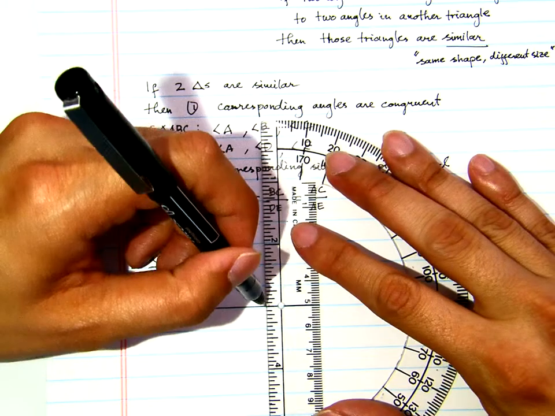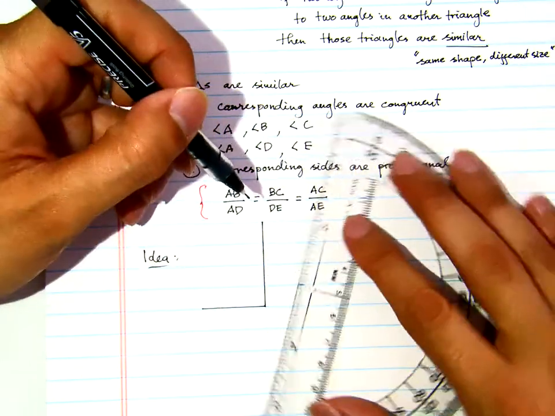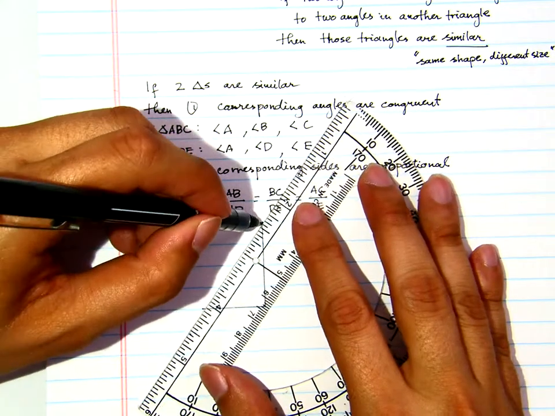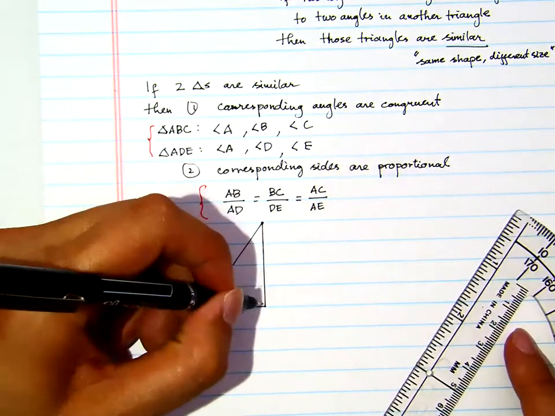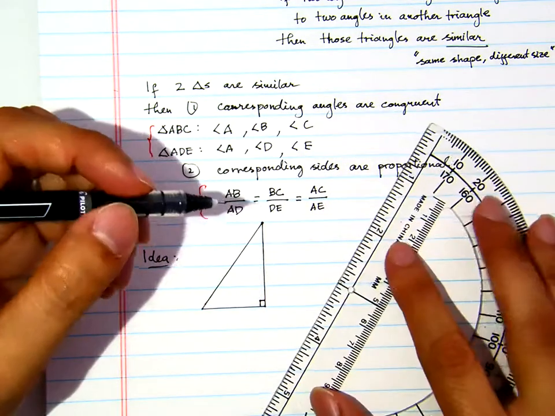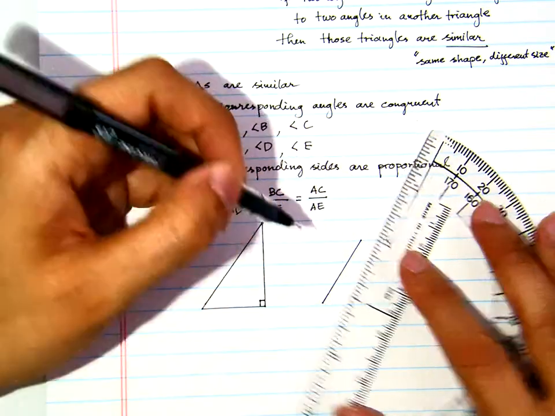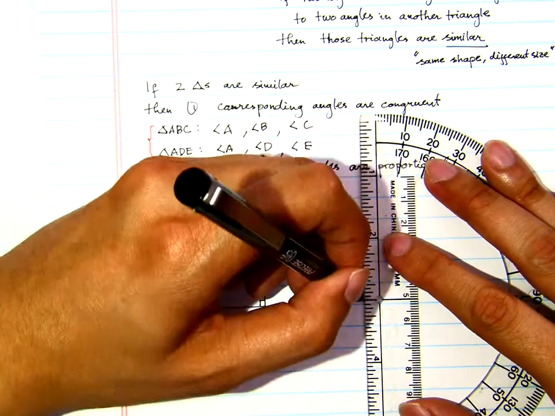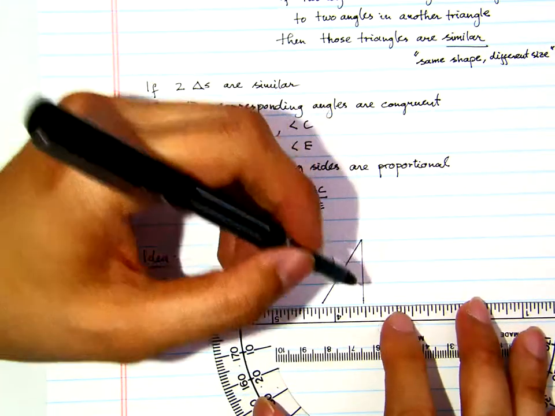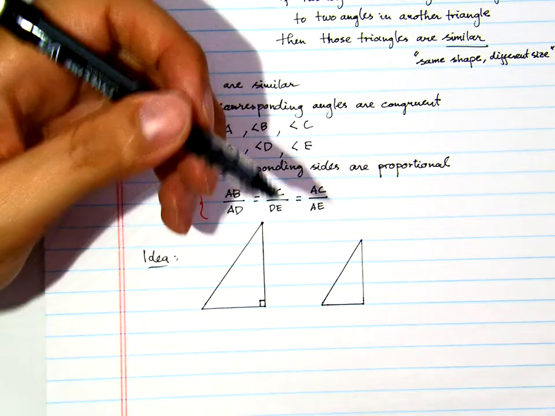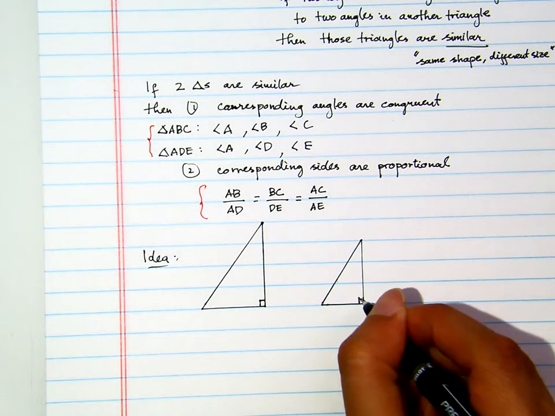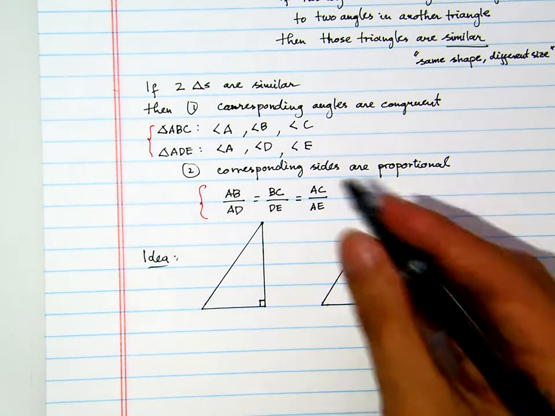It doesn't have to be a right triangle actually, as long as two triangles are similar, but let me use right triangles here.